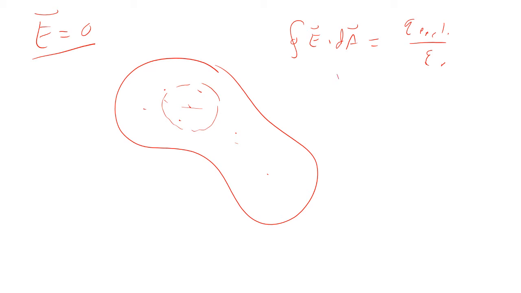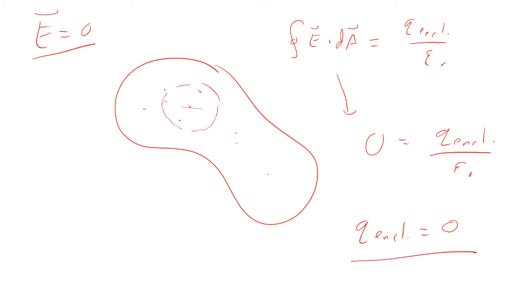Therefore, this integral is going to be 0. So 0 is equal to the enclosed charge over epsilon naught. Quite obviously, the enclosed charge equals 0. That means there is no charge on the inside of the conductor. No matter how I draw my Gaussian surface, there can be no charge in there. Otherwise, there's going to be an electric field.